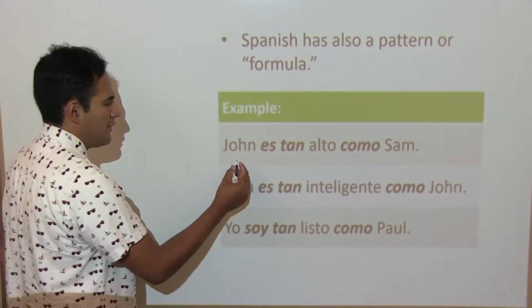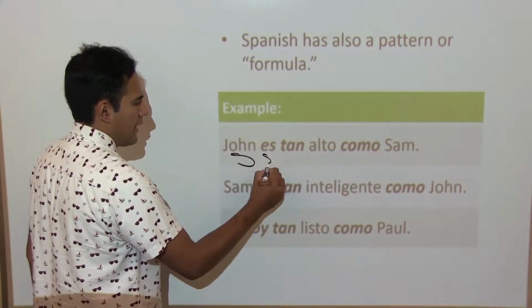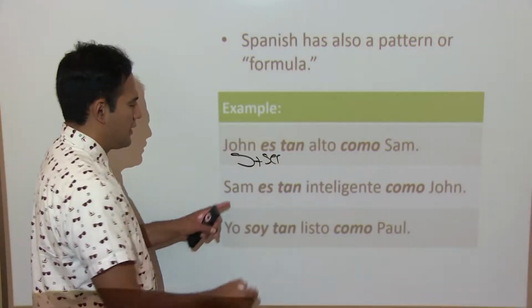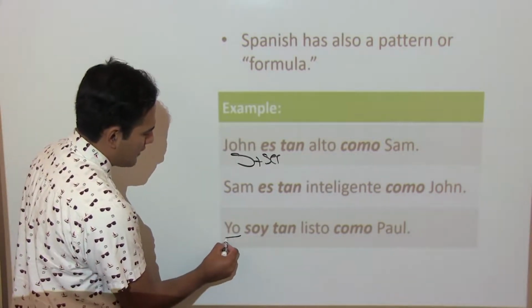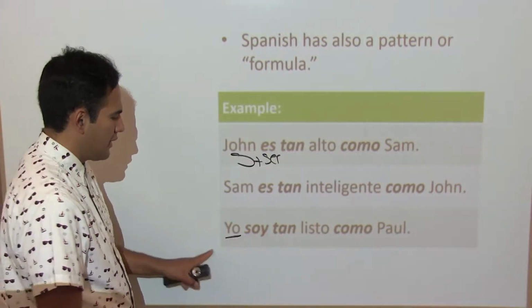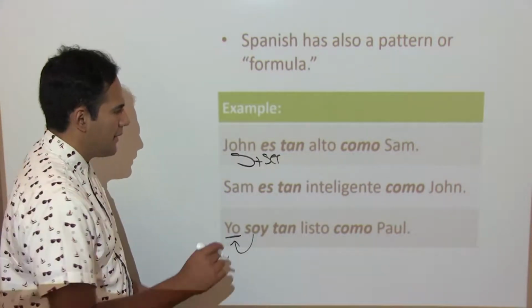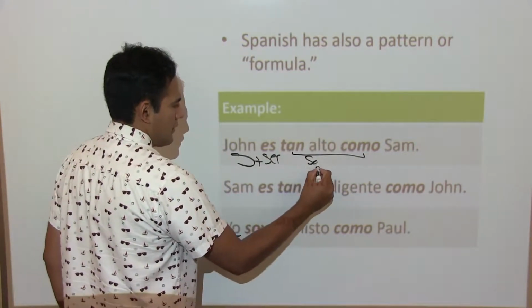So here we have the subject again. We have the verb to be, in this case the verb ser, that is conjugated to John. For example, in this case, the subject is I, so this is conjugated to match that. So just remember that.